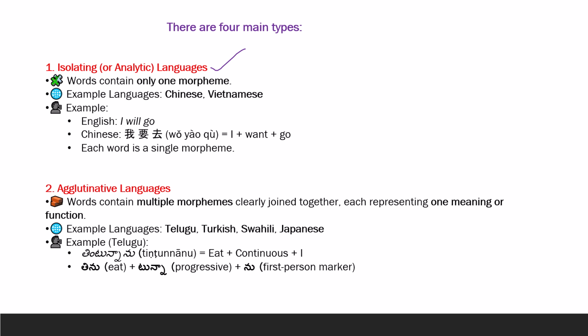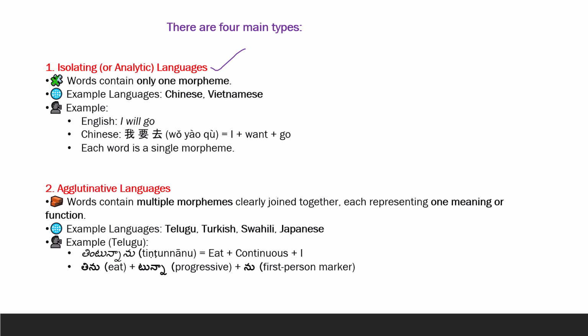For example, "I will go" in Chinese. We can't read the Chinese language here, but the word can be called "wo qu", meaning I plus want to go. It is divided into "I" and "want to go". So likewise the word will be divided.